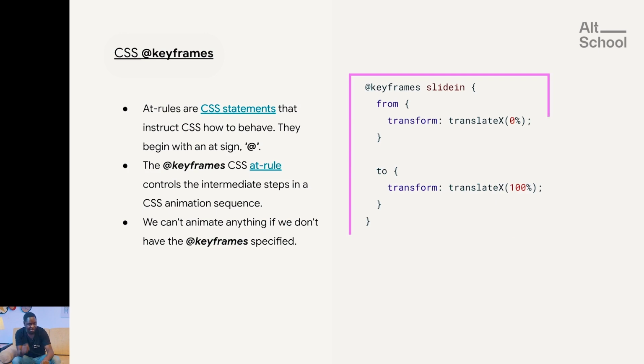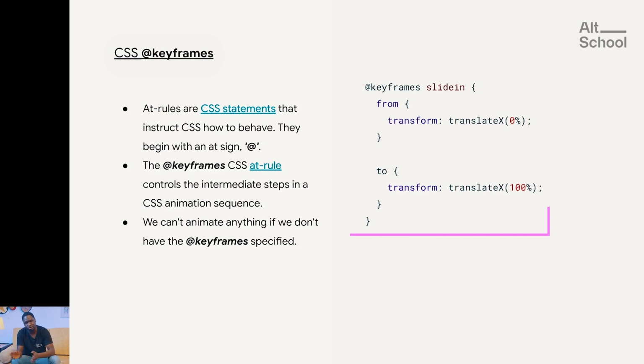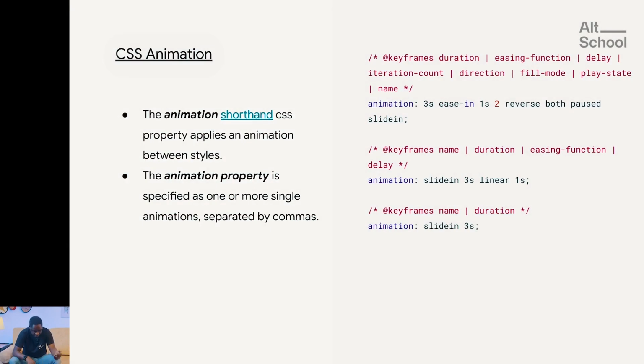That means our transformation or application of the styles is from left to right, from 0% along the x-axis towards 100%, whether it's a movement or applying color. So slide-in is the keyframe or behavior we want to apply.